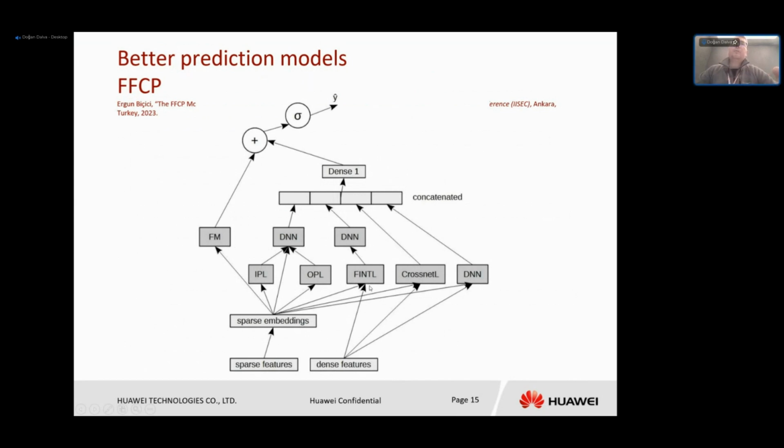And dense features are sent to FINT, CrossNet, and DNN. And the outputs of these layers are concatenated, and then a dense layer is used to merge them, and these are added with the FM layer output, and the sigmoid produces the final output.